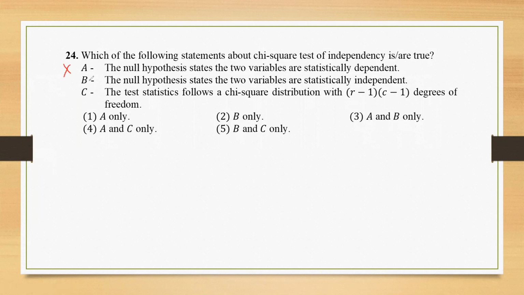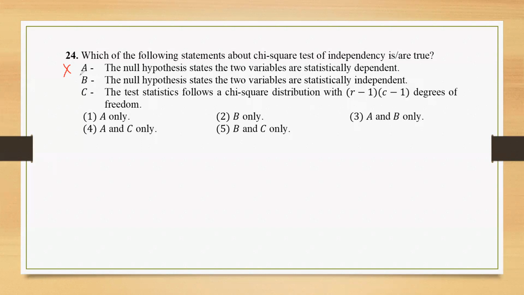But statement B is correct, because the null hypothesis states that two variables are statistically independent. Normally we say there is no relationship. If we consider two variables like gender and political preference, we can say political preference is independent from gender. There is no relationship.